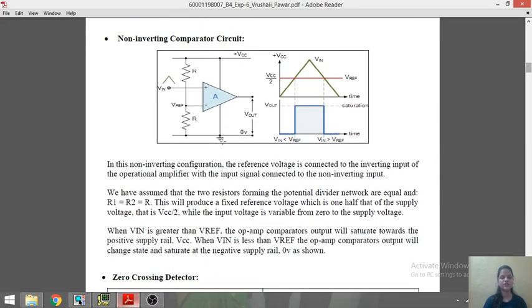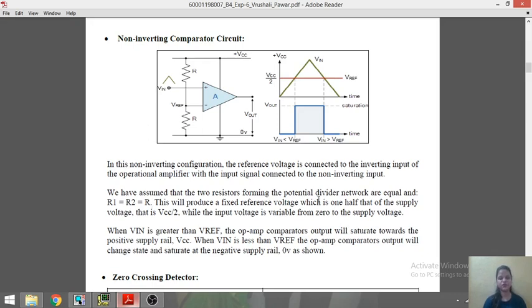Here in the non-inverting configuration, the reference voltage is connected to the inverting input and the Vin is connected to the non-inverting terminal. We have assumed two resistors forming a potential divider network, R1 equals R2.